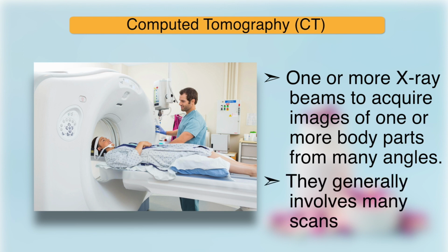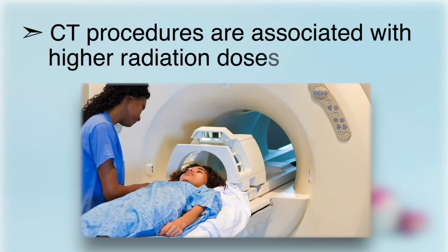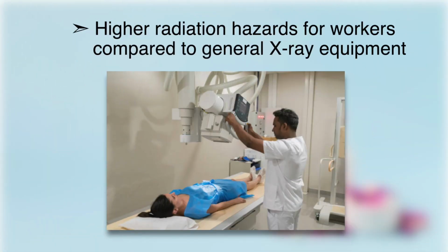Because they generally involve many scans, not only in one particular direction, they want to have a 3D view, that means all areas and all angles. So CT procedures are associated with higher radiation doses for the patient and also higher radiation hazards for workers when compared to general X-ray equipment.